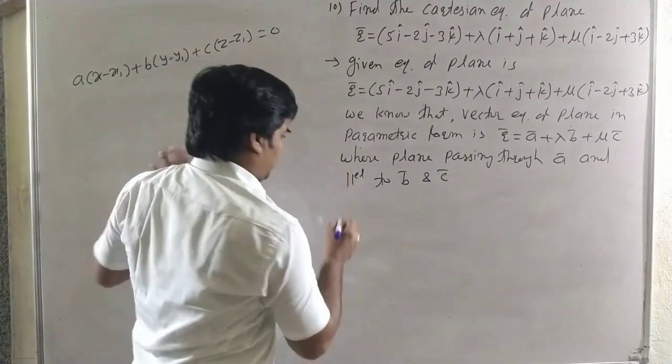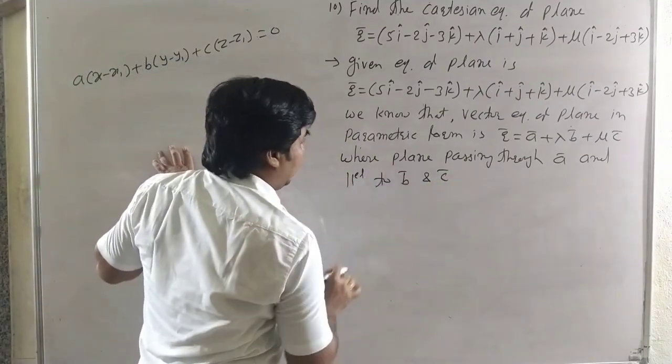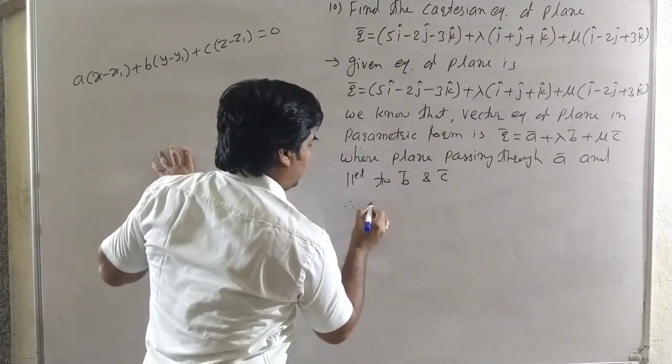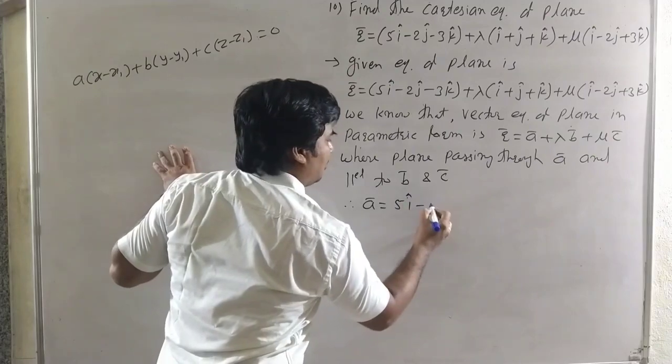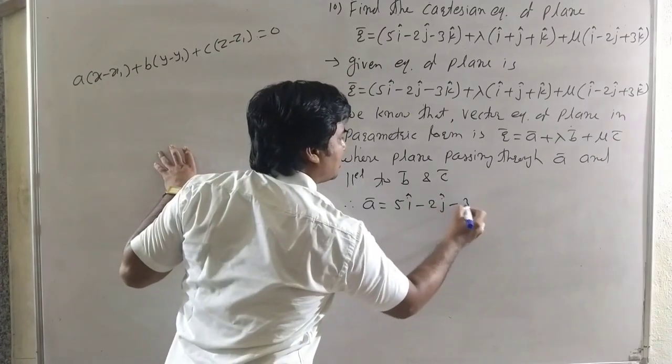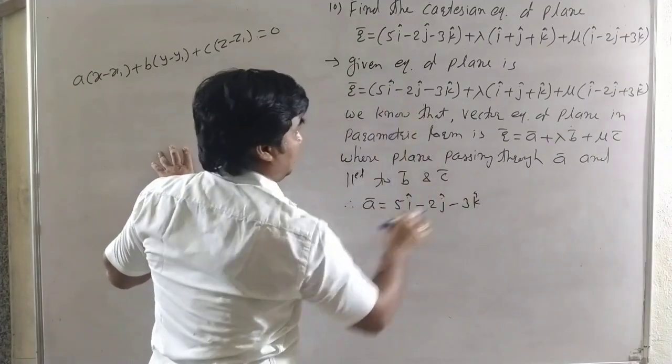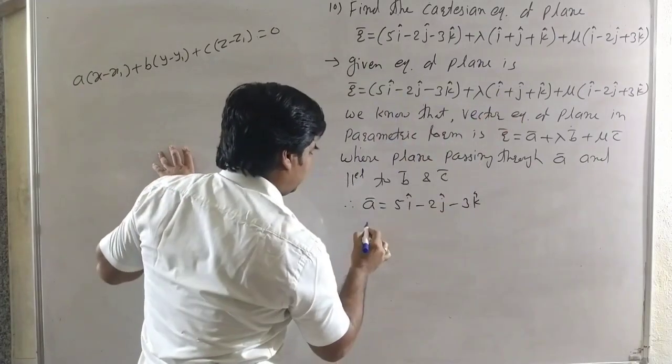Therefore, the plane passes through point a bar, so we can write a bar is equal to 5 i cap minus 2 j cap minus 3 k cap.